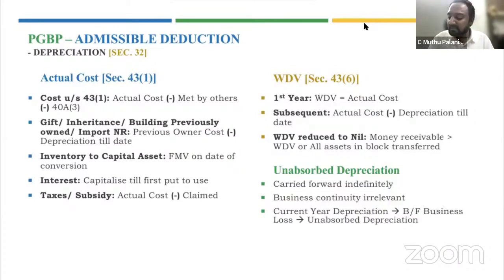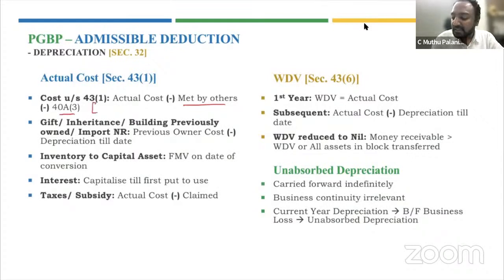In case certain things are met by others, which means the government is giving a subsidy for my plant and machinery, that expenditure is not mine, so whatever is met by others needs to be reduced. And similarly, anything covered under section 40A clause 3. What is it?